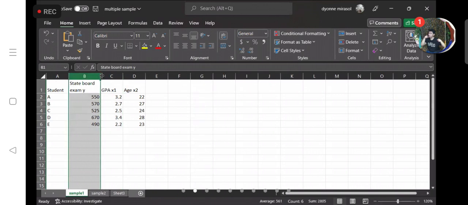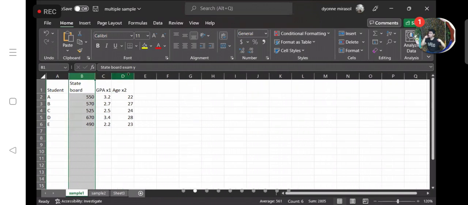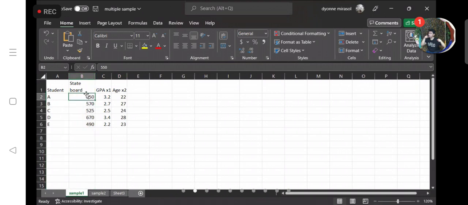Using our data from the earlier example, we'll be using this one, the state board exam, GPA, and age.